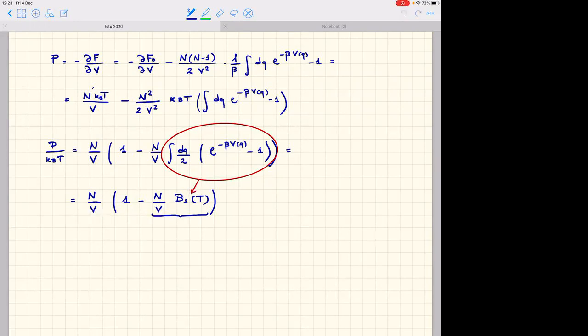And instead, when the density starts becoming larger, I will get corrections to the rho going to 0 limit that are subleading, and depend on this coefficient. This is called the second virial coefficient.